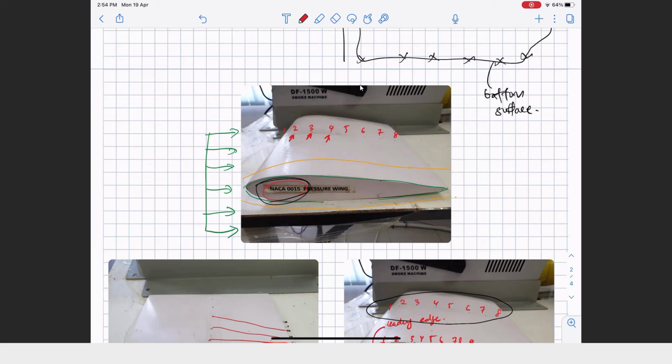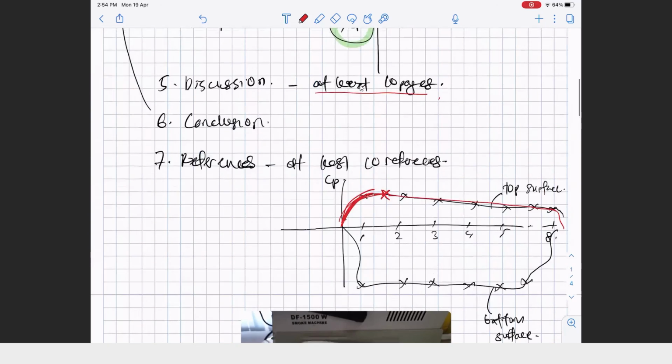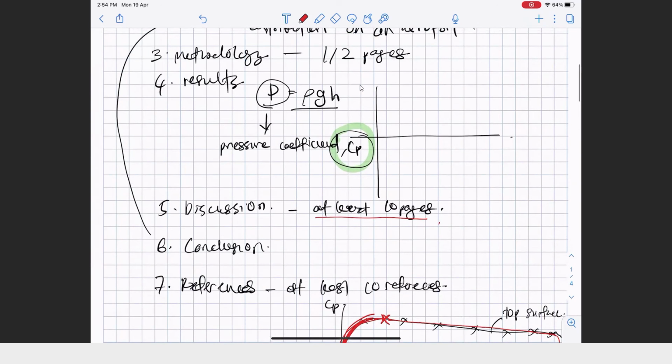If you have any questions about the report or about what you have to do, please ask now. Sir, like previously in our short report, we also put the sample calculation part. For this report, do we need to put the sample calculation part? Of course, you need to put a sample calculation.